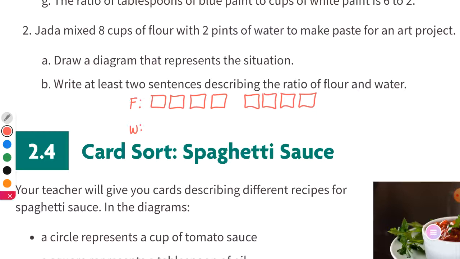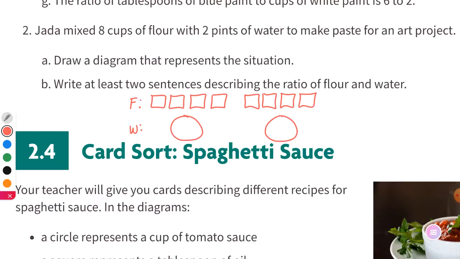Now, thinking ahead, what do we always have to do with ratios? Just like fractions. Simplify them. If I'm working with 8 and 2, we can divide them both by 2. So usually when you set up the diagrams, I'm just going to use like Hallie used big circles for the water, which is fine. Usually when you're setting up the diagrams, you're kind of pre-grouping them together, anticipating what's coming.